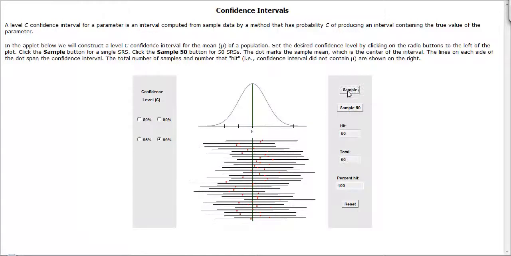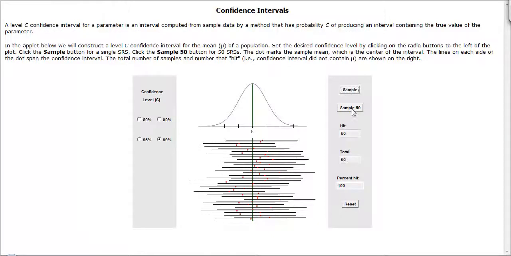Okay, so from my first 50 samples that I've generated, every single one of those confidence intervals intersected the mean line. Now, the idea of the confidence level is that this percent that represents the confidence level should be reflected in the percent hit if I were to generate many samples. So right now I've generated 50.